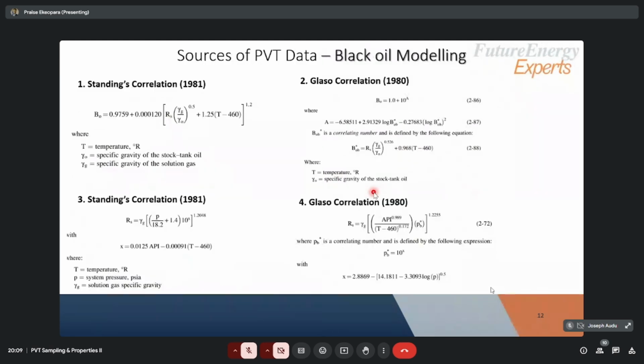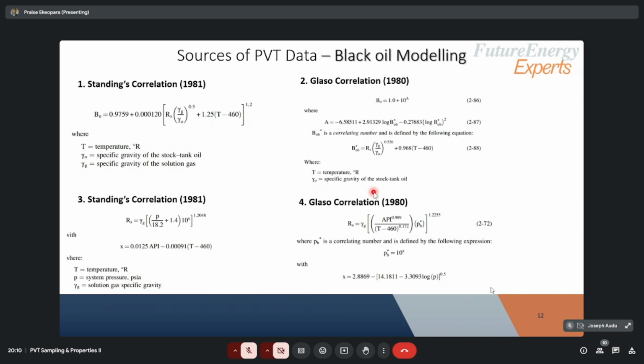So just to walk us through this quickly before we wrap up. Another source of PVT data, as I mentioned, is black oil modeling. And thank God I was able to let us know that those correlations are regression based, whereby you gather experimental data, fit some mathematical algorithms on them, and you're able to generate some equations, as we'll be doing in the hands-on.